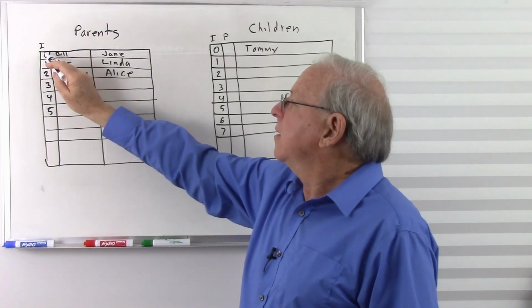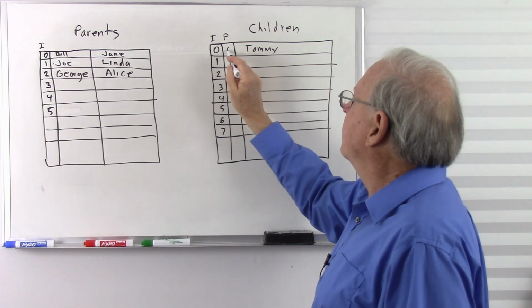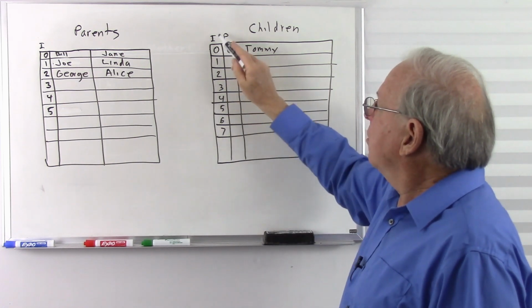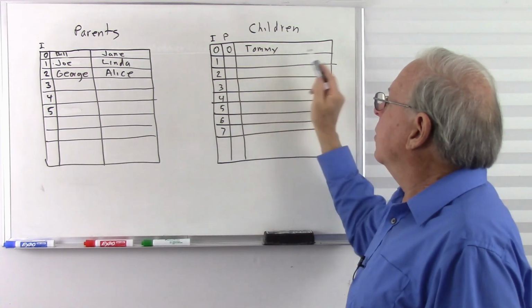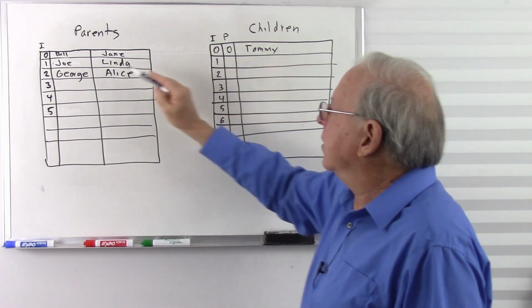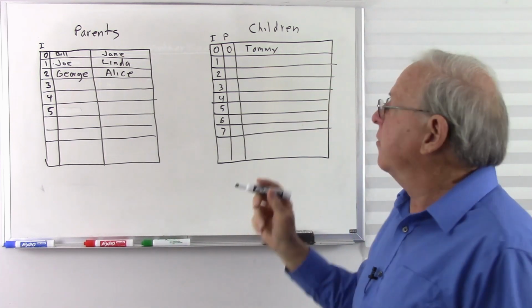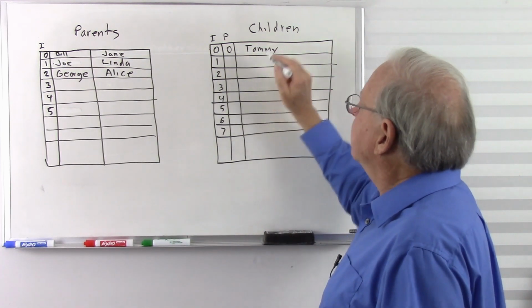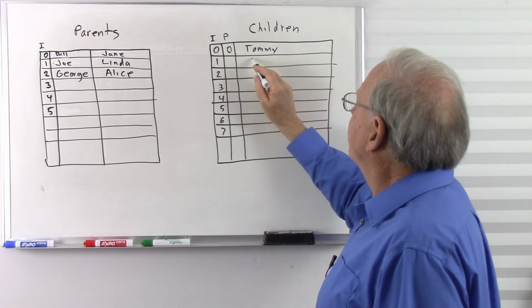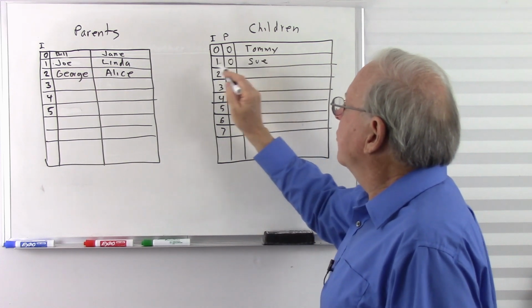Well, that set of parents has a nice little index number here. So we'll put another 0 over here. So the 0 just identifies that row in this table, but the second 0 identifies Tommy as going with row 0 over here with Bill and Jane. And let's say they have another child named Sue. And so we put a 0 there that links Sue back to them.